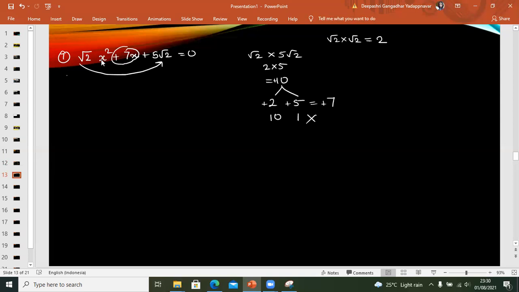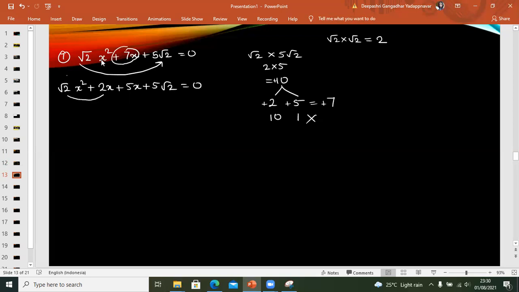Now, if you write plus 2 plus 5, it's difficult to remove the common number out for the next step. So let me write this step first here. Root 2 x square plus 2x plus 5x plus 5 root 2 equals 0.